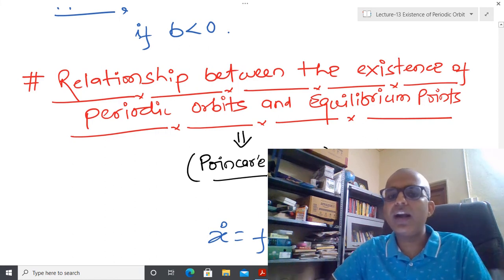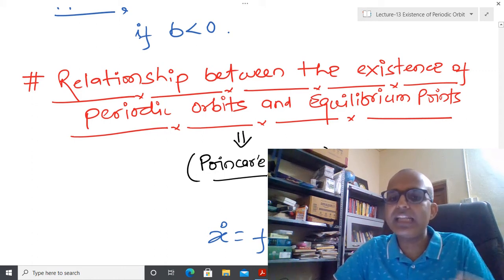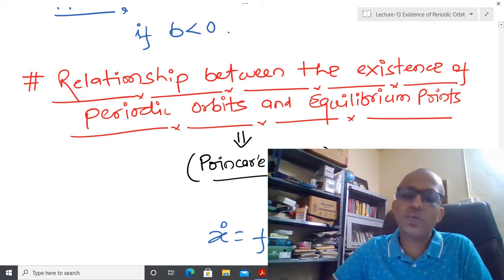Now the third criterion is called the Poincaré index, so we are going to see the relation between the existence of a periodic orbit and an equilibrium point. Using that index, we are going to see under what condition some periodic orbit comes into the picture or not.